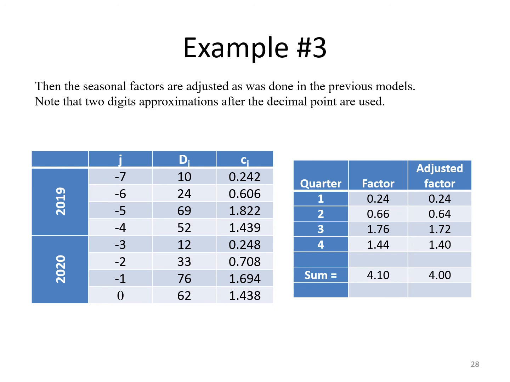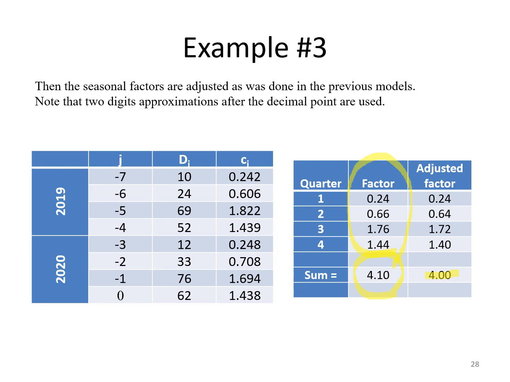So these are the values that we have calculated as the average seasonality factors for the 4 quarters in a season. The summation here equals 4.1. As we have learned before, we have to adjust these factors so that the summation is exactly 4, which is the number of quarters, or the number of periods, in a season.